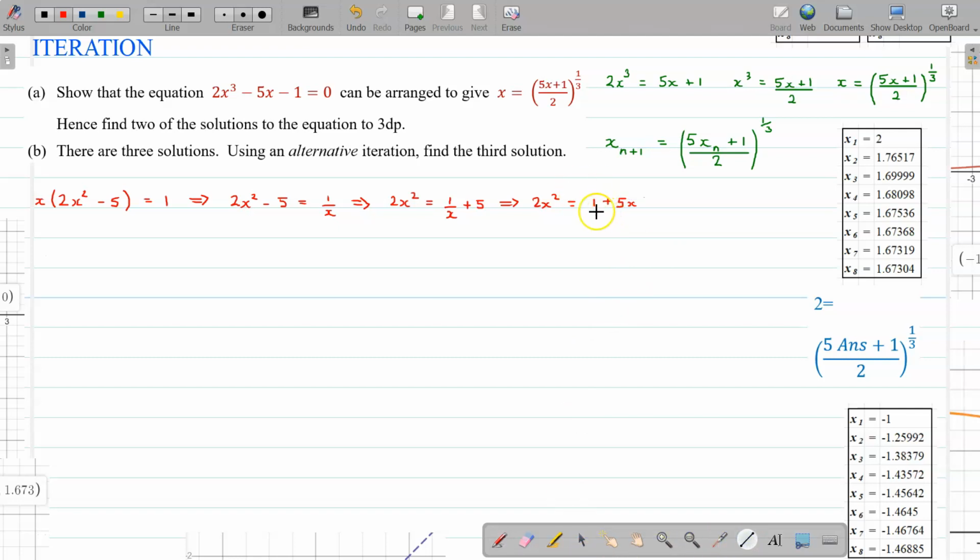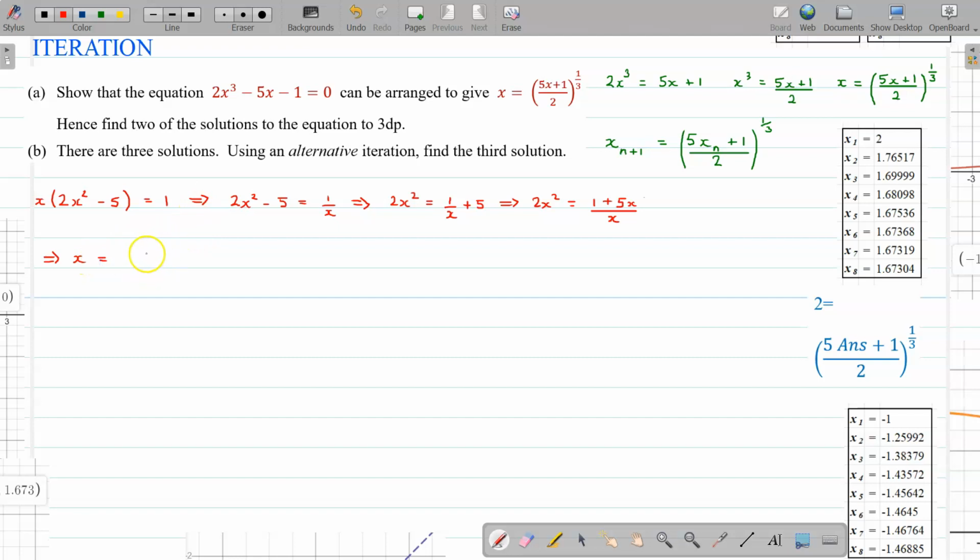Okay, there's quite a few iterations that you can make out of something like this, and it's worth just exploring all the possibilities. Okay, now I want x on its own. There's lots of ways I could do that even from here, but what I'm going to do is divide by 2 and then square root. So from this, if I just go on to the next line, x squared equals 1 plus 5x over 2x, and then if I just square root the whole thing, I can do that in one go.